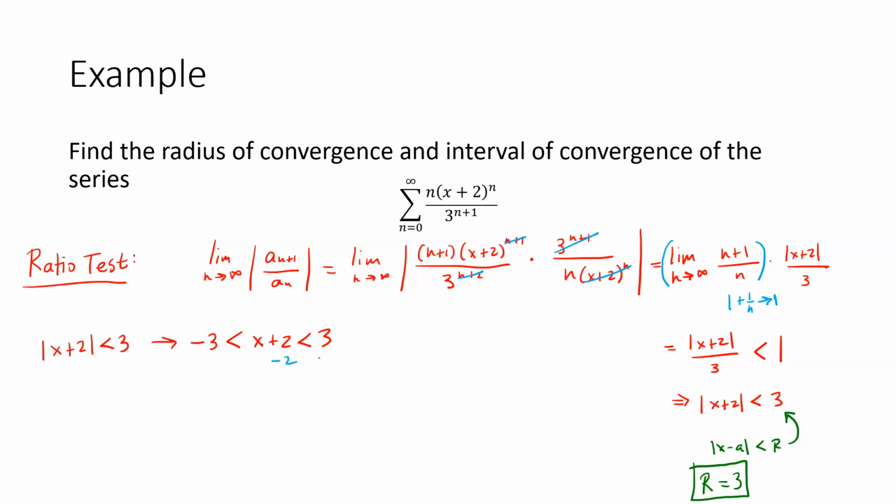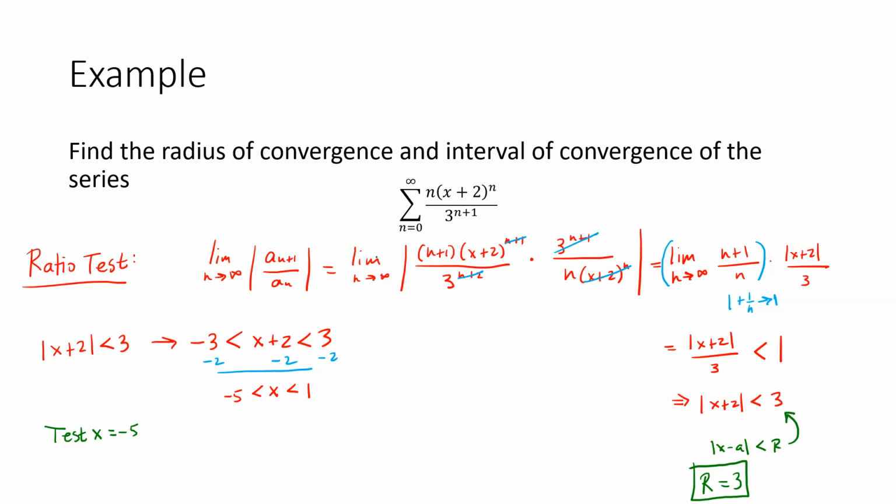Then we'll subtract the 2. So I have x is between negative 5 and 1. And keep in mind, we're going to now test the endpoints. So the next step will be to test x equals negative 5.